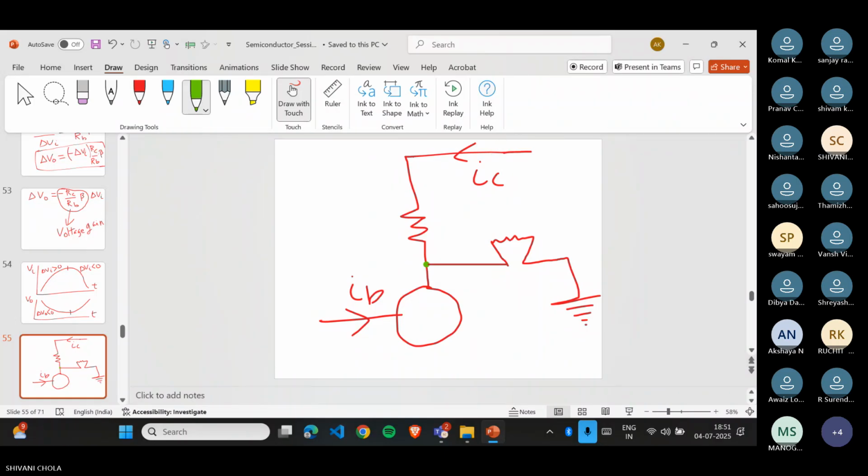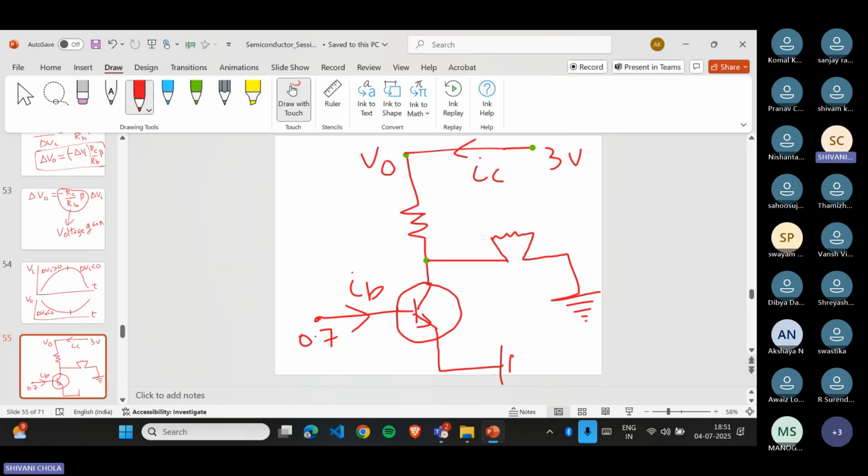And let's say this is 3 volt. This is at some output voltage. Here you have 0.7, and here this is connected to the ground.